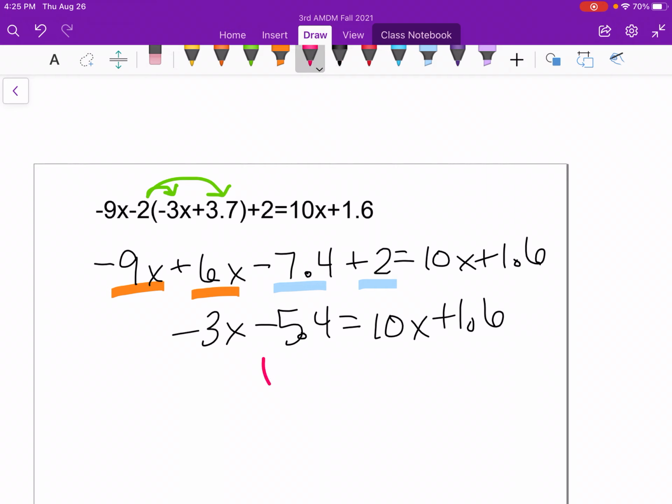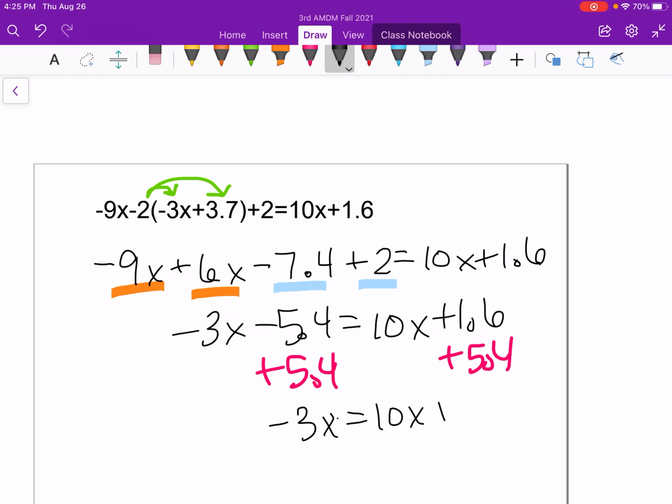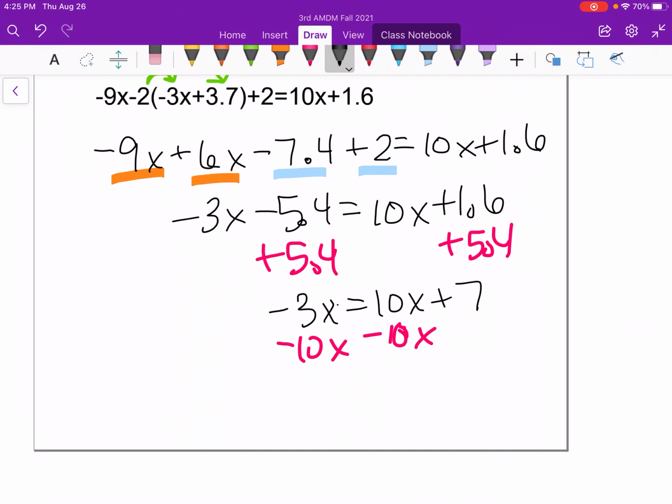I'm going to add 5.4 to both sides. I have negative 3x equals 10x plus 7, since 5.4 plus 1.6 is 7. Subtract 10x, and you have negative 13x equals 7.